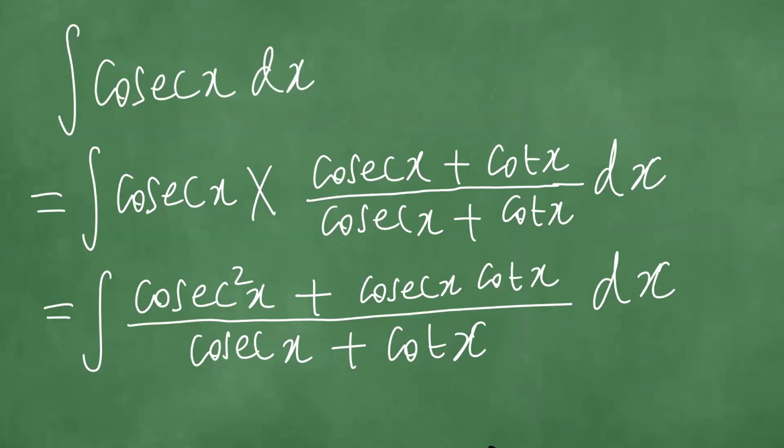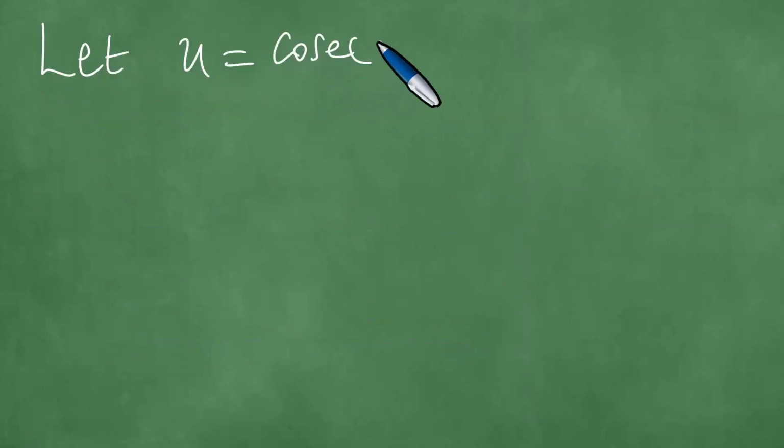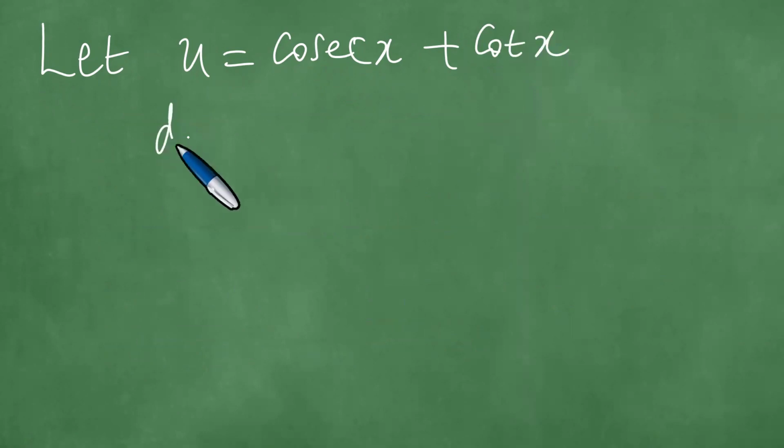And upon careful examination, we proceed to let u become the denominator. So let u be equal to the cosecant of x plus the cotangent of x.